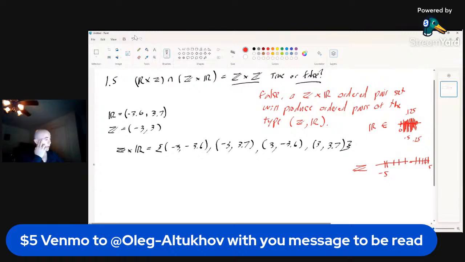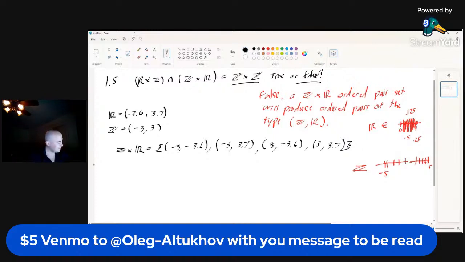I answered the question, and I know from yesterday that I answered it correctly, but it's incomplete because this is an intersection. So, we did the second part of the intersection. Wow, I'm sorry, I'm not awake today.